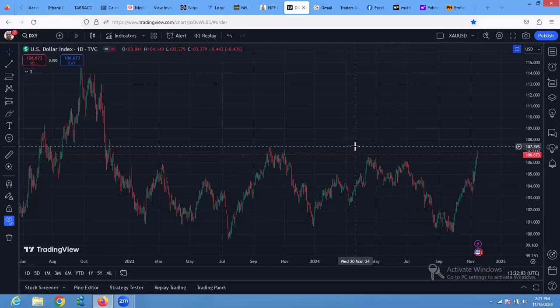I'll be very careful to do that because we are at the late stages of trying to long the dollar. So all you can do if you want to long the dollar right now is look for a short trade to long the dollar.